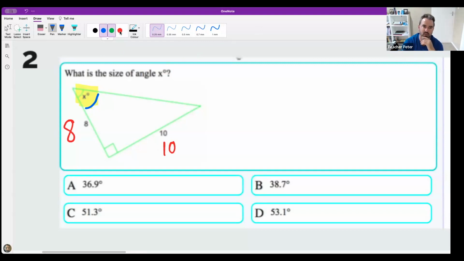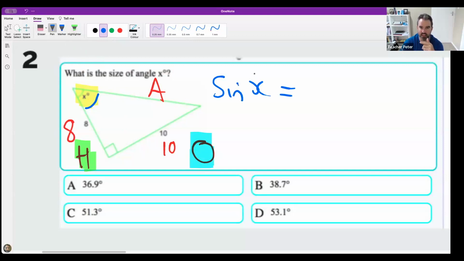So let's see, that's going to be O, that's going to be A, that's going to be H. The ones that are involved are O and H. So it means the trig equation that I'm going to write is going to be the sine of x, and that's the angle x, is equal to, how does that work?